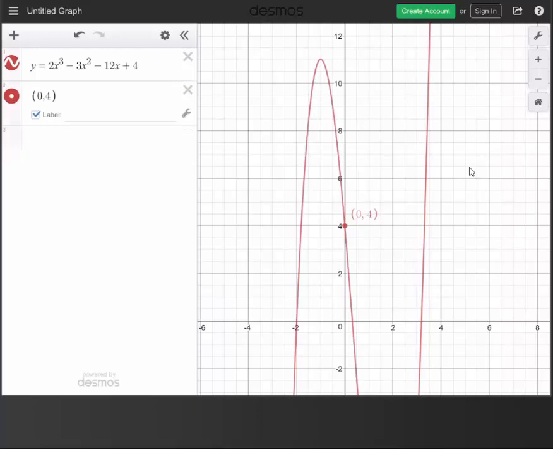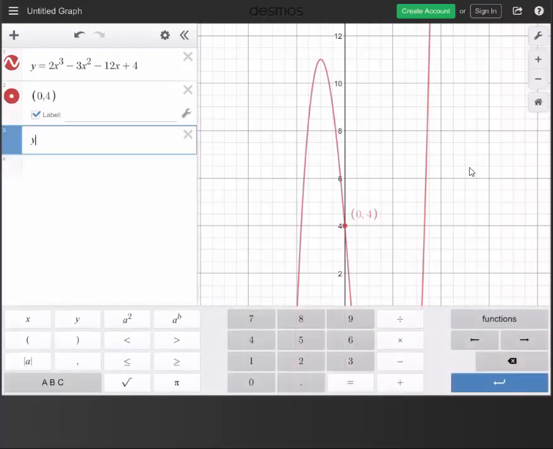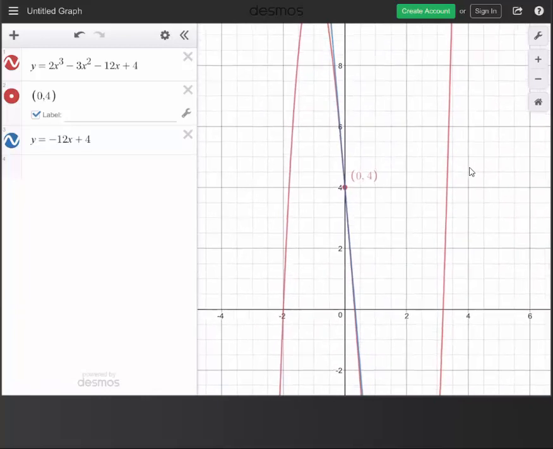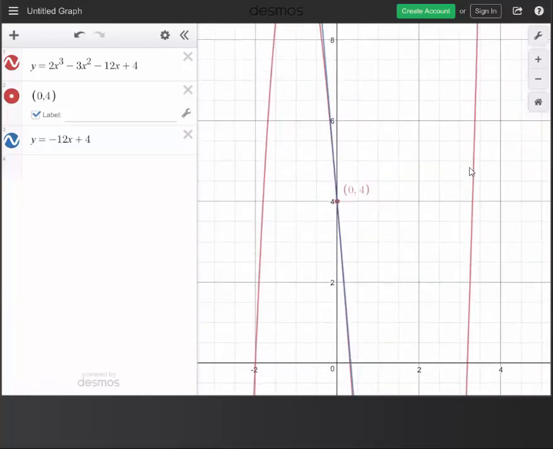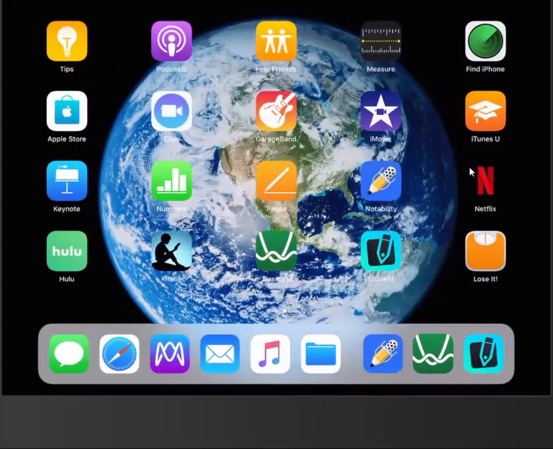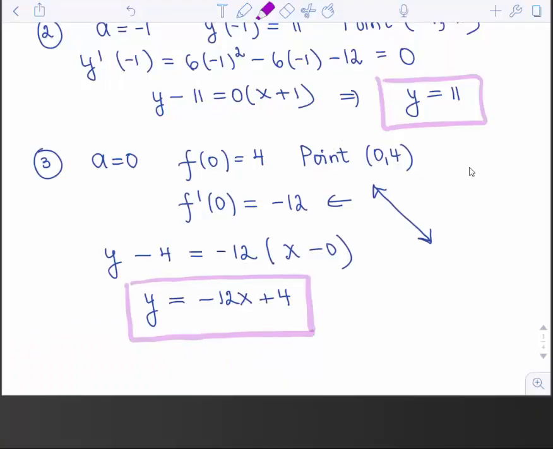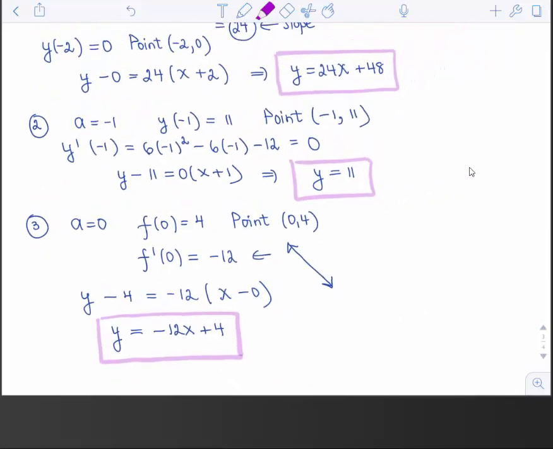Let's go ahead and add our equation: y is equal to -12x plus 4. And it's a perfect tangent to the graph at this point. So that's how you can check that you're doing correct computations.